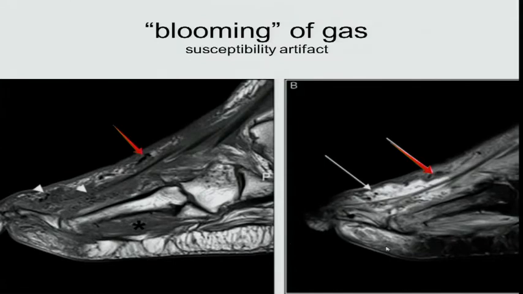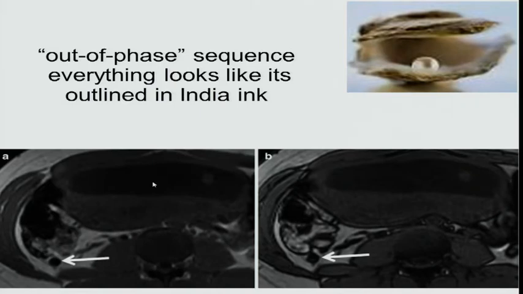Okay, so I tried to find a good picture to show you, and I hope this projects well, but here we see these little collections, and they look more prominent on the gradient echo, so we get some blooming of that gas. That's that artifact. Does that make sense? Okay, that's just that tip.